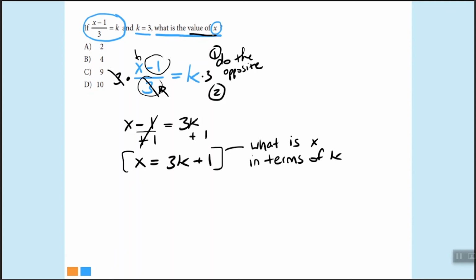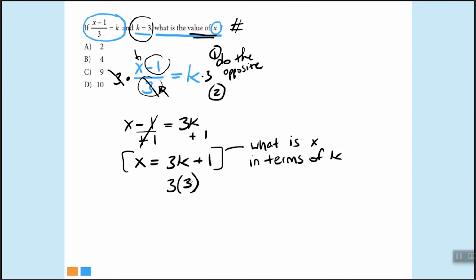So here we have x by itself, and in order to figure out what x is as a number, we need to replace this k with something. We're going to replace the k with that 3, since k equals 3. So it's going to be 3, and we'll substitute that, replace it with the 3, plus 1. 3, parentheses 3.